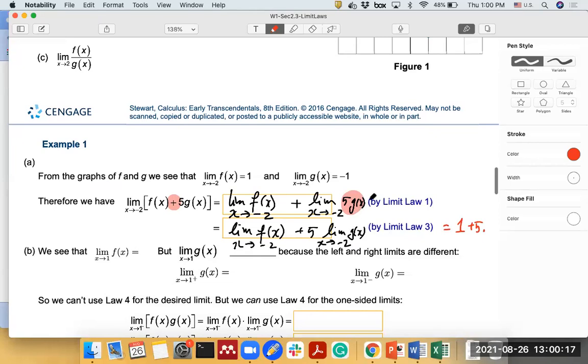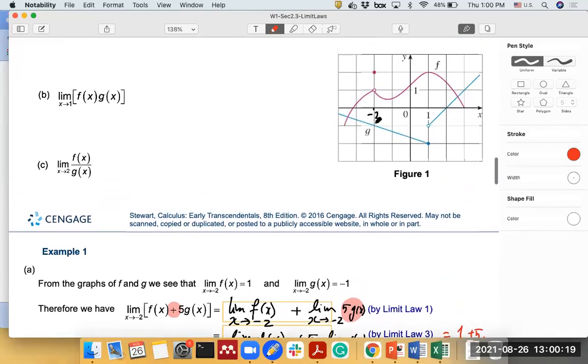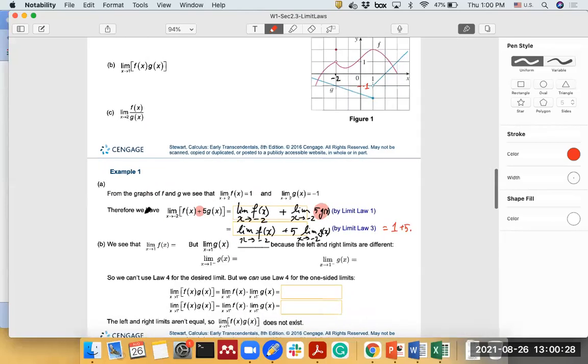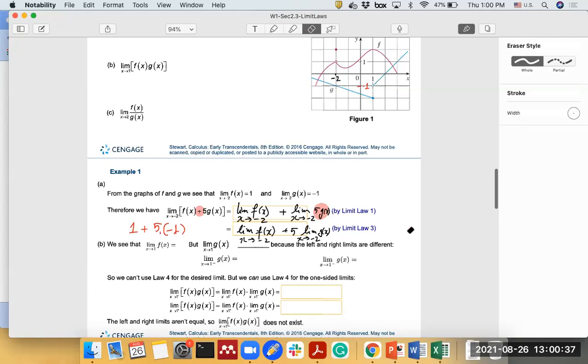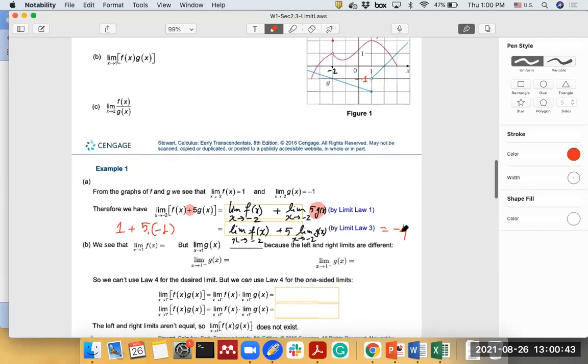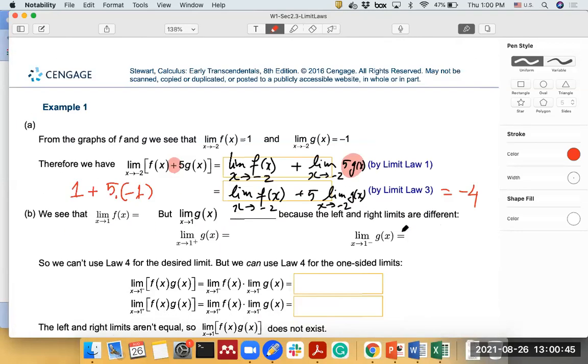What is the limit of g as x approaches -2? -1, very good. So it is 1 plus 5 times -1. And the final answer will be, yes, -4. Okay, very good. So are you comfortable with this proof?